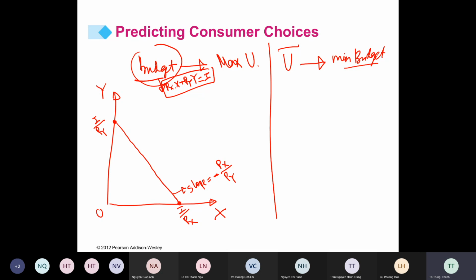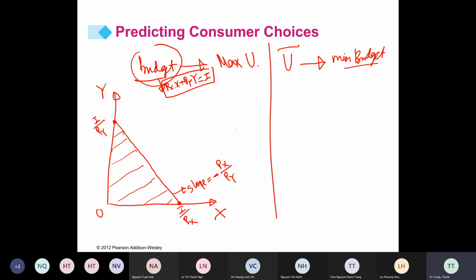So given the budget, that means you only buy in the affordable area, which is below these budget lines or on this budget line, right? So I draw this, what we call the affordable area. Now, when you buy any points in this affordable area, you will get very different levels of satisfaction, right?